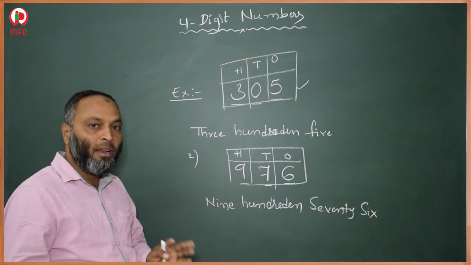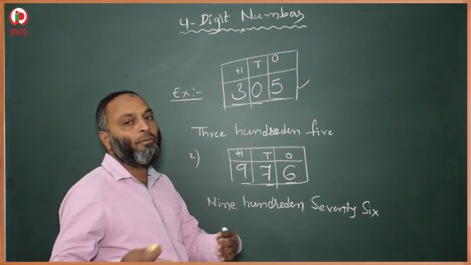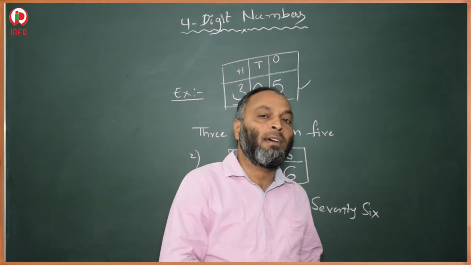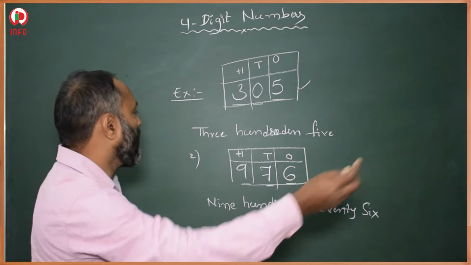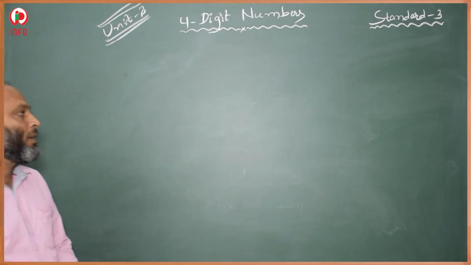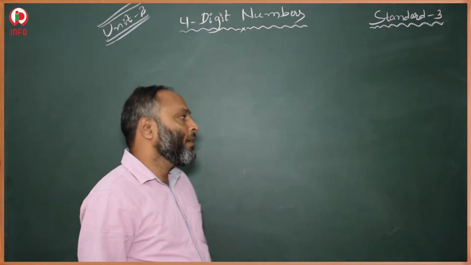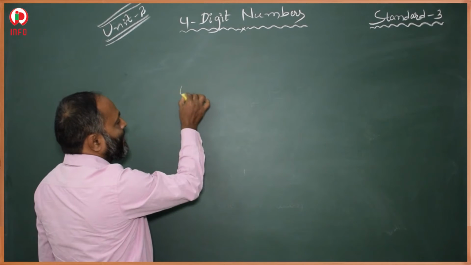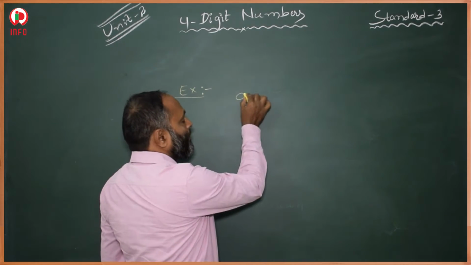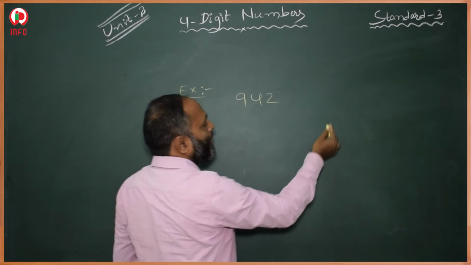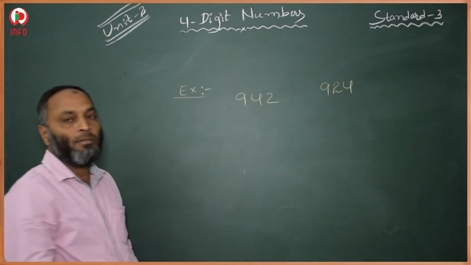Then we also completed comparing quantities. How do we compare if two numbers are given? Which one is greater than and which one is less than? That one we will recapitulate once. Now see here, students, how to compare the quantities if two quantities are given? For example, 942 and 924.